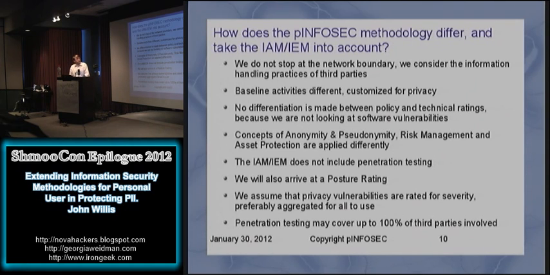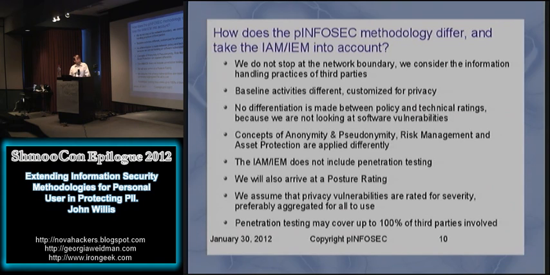There are some differences between InfoSec methodologies and how we apply this to the privacy space. Number one, we don't stop at the local network boundaries. We extend it out into the world and where all of your information is going. The baseline activities are different. They're customized, tailored for privacy.